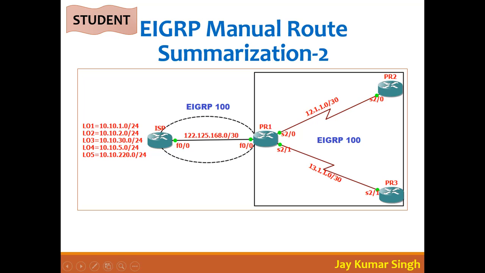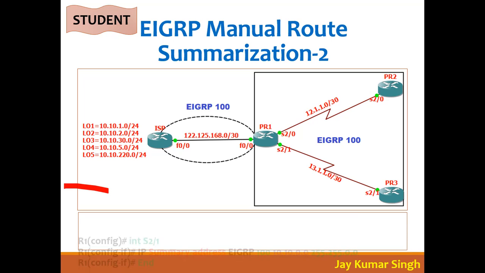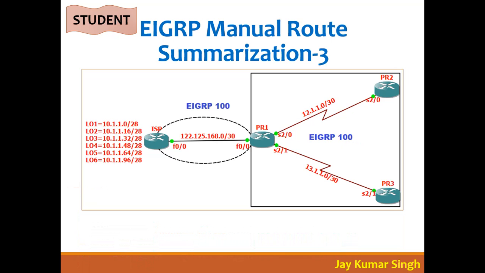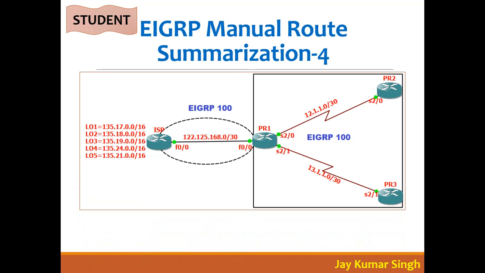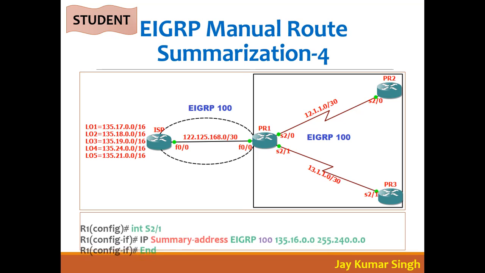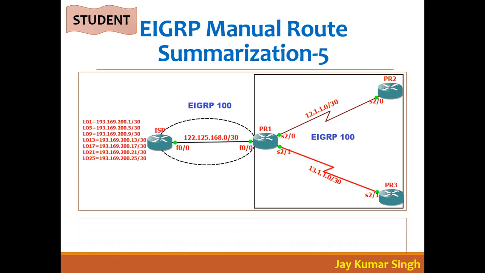This is for you. Okay, you have to work on this. I did one and gave you the idea. This is for you. Even though the commands are there, you have to configure it. This is also route summarization lab 3. This is for you. Lab 4 is also for you, and lab 5. See, the process is the same: you have to run the summarization on the edge router. Simple.